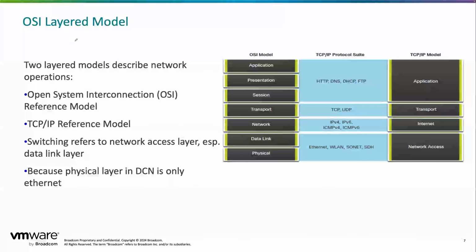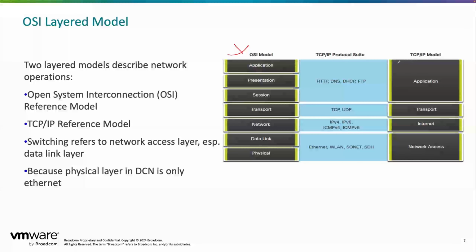Next we talk about a very important and fundamental thing, which is the OSI layered model. Typically we have two models, the OSI model and the TCP model.